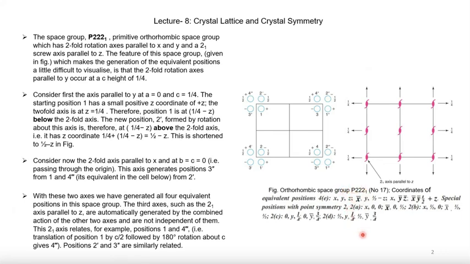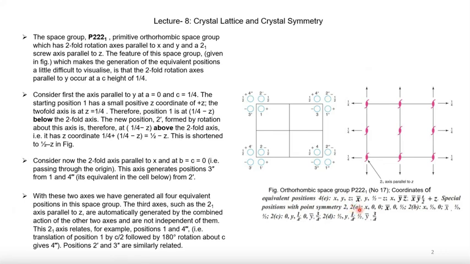We have also special positions with point symmetry, because we have point symmetry too, and when the generated equivalent position lies on this point group, then we get the special equivalent position. You remember that we have talked about this earlier.